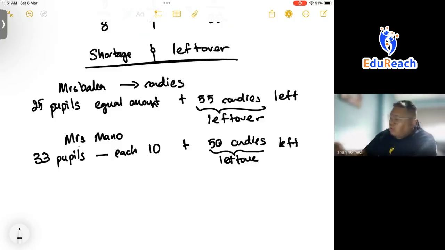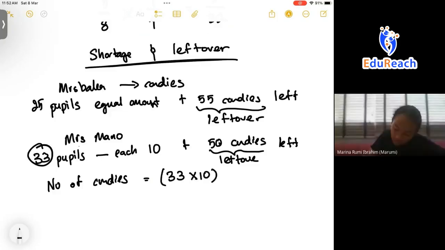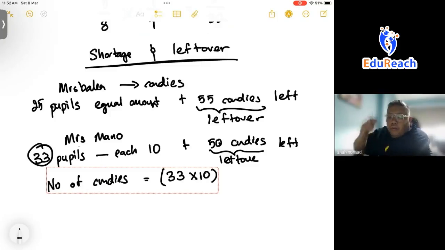Now, because we already know how many pupils Mrs. Mano has, can we find the number of candies? Anyone wants to try? We got 33 pupils, each of them gets 10 candies. So we take 33 times 10. But don't forget we got extra.